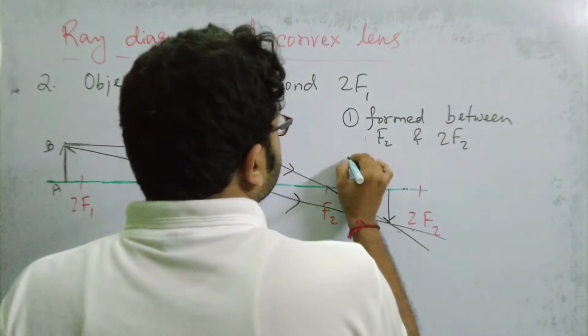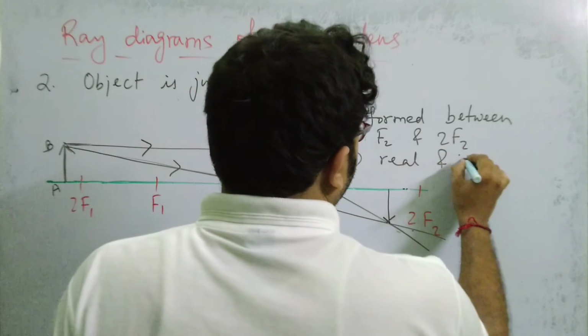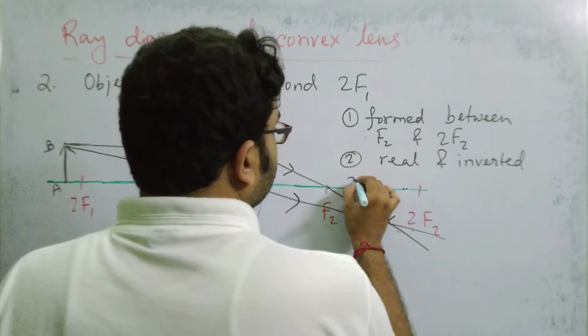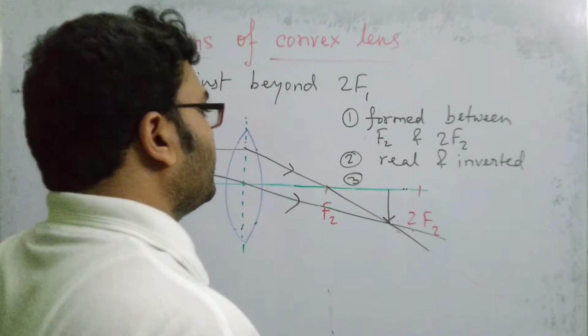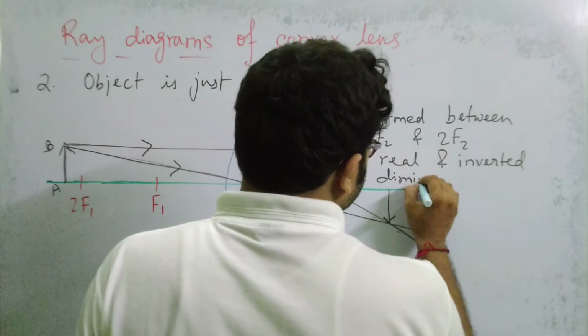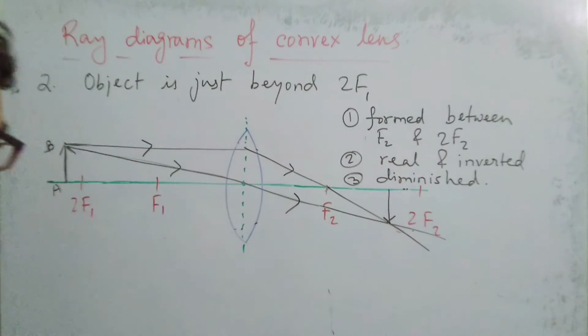The second point is that it is real and inverted. And the third point is that it is not diminished to a point but rather diminished. The size is less than the size of the object. So these are the three points.